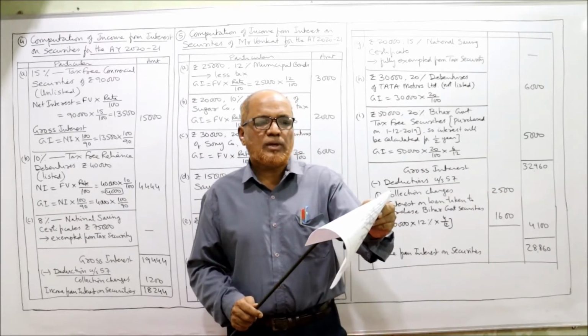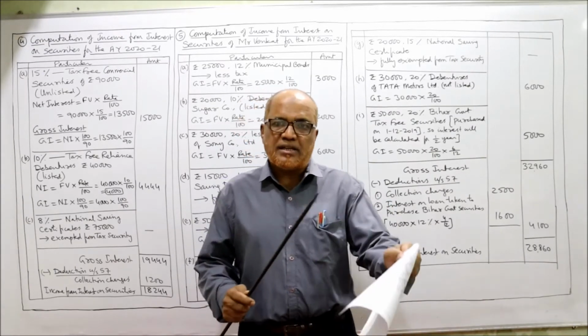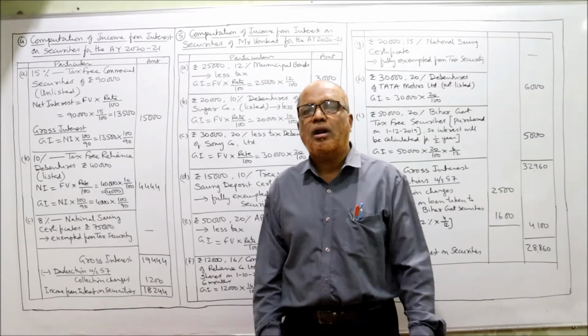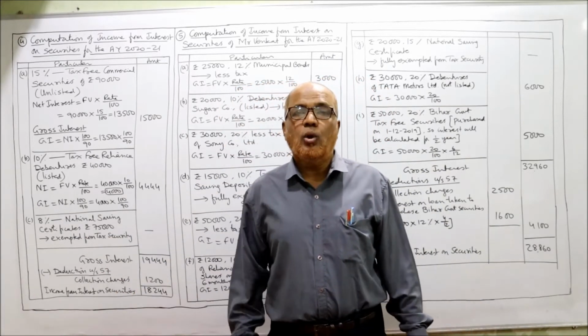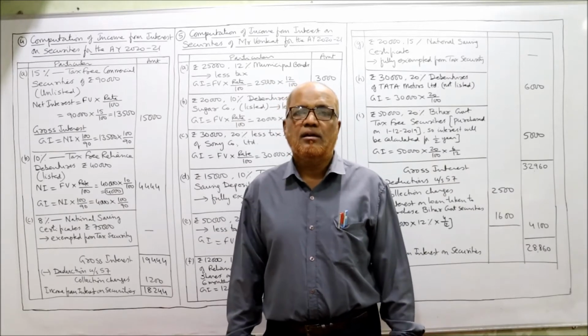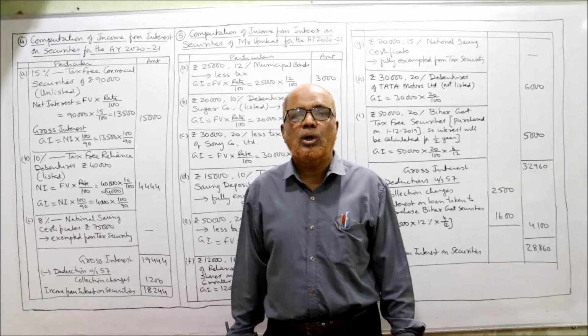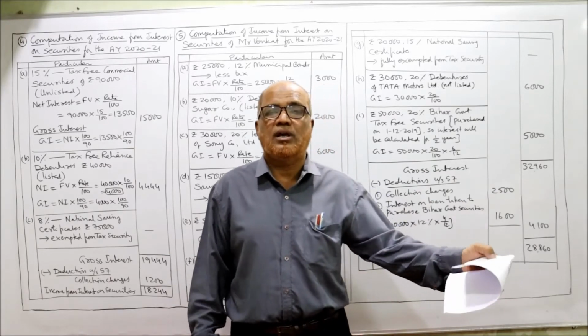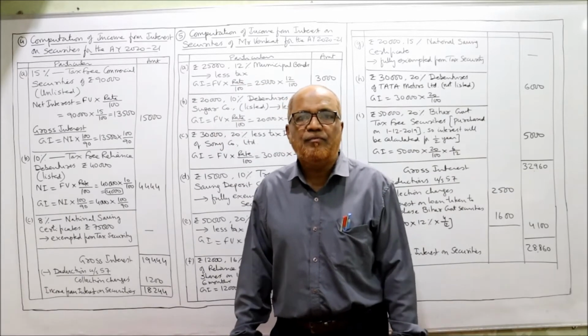For this purpose, he took a loan of 40,000 from a bank at 12%. So for purchasing this Bihar government security, he has taken a loan. Loan of rupees 40,000 he has taken. So Income Tax Act says interest paid on loan taken to purchase the security is allowed as deduction under section 57.